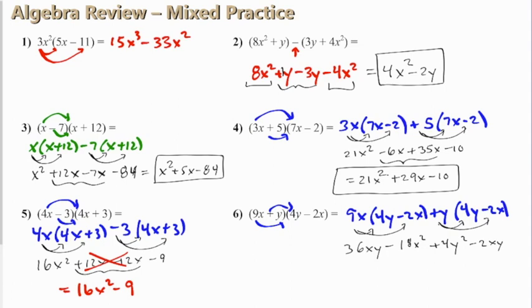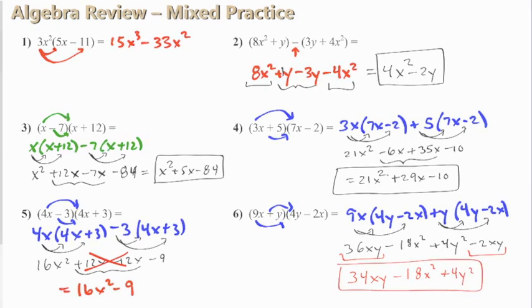The only like term is the 36xy and the minus 2xy. This gives us 34xy minus 18x squared plus 4y squared. And there's our final answer for number 6.